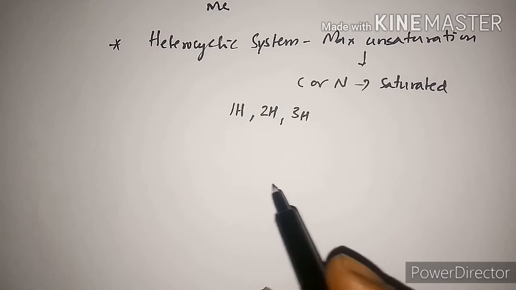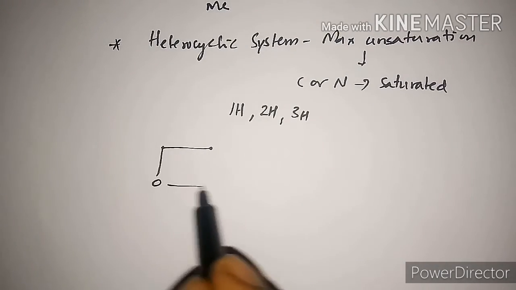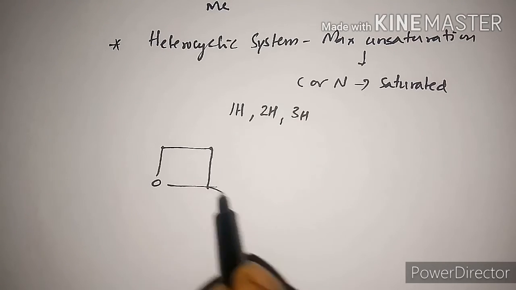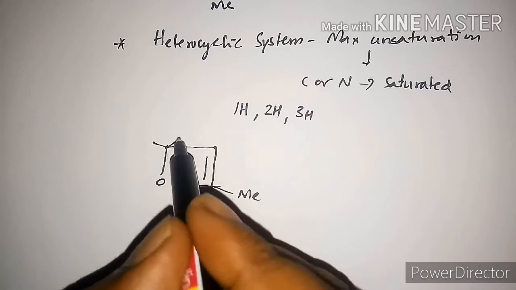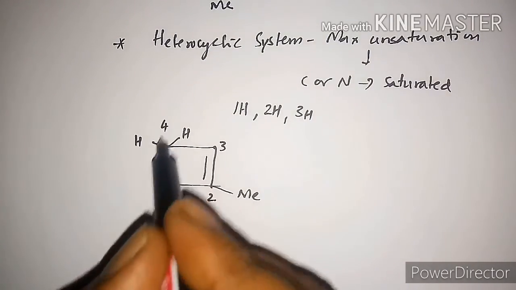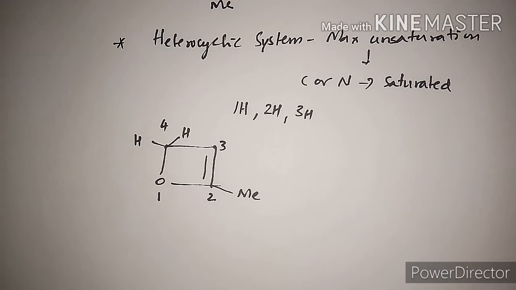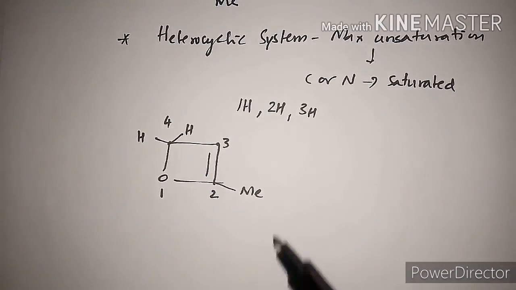We will take an example for this. This is oxygen, this is methyl. So we have this hydrogen, 1, 2, 3, 4. So the fourth carbon is a saturated carbon. One of these two carbons is multiply bonded.